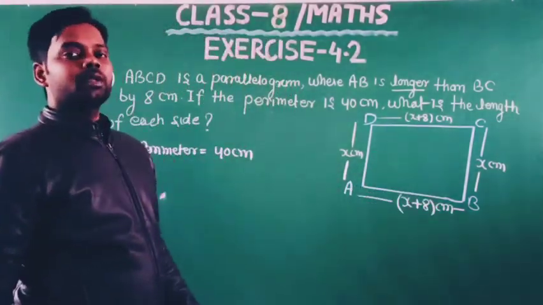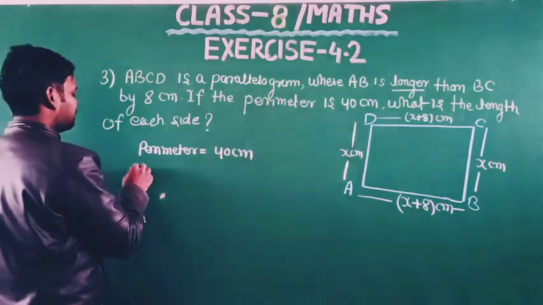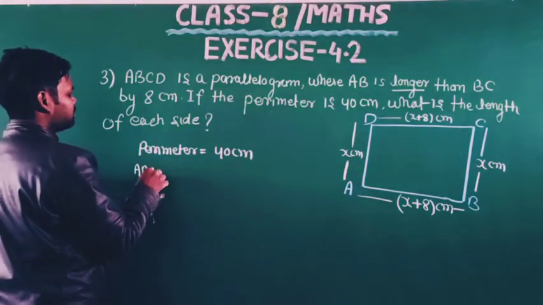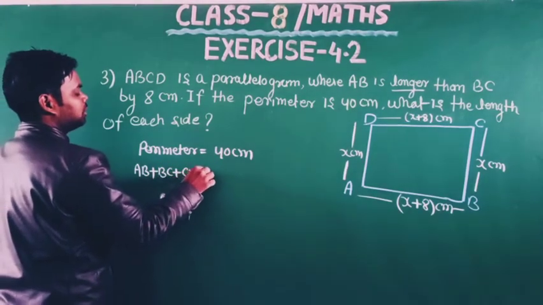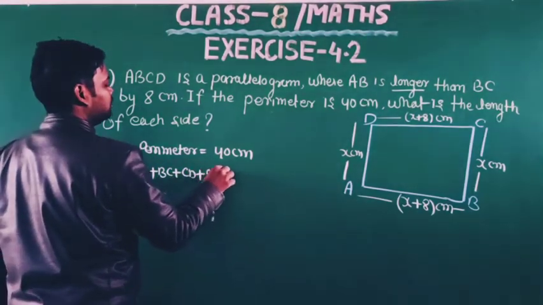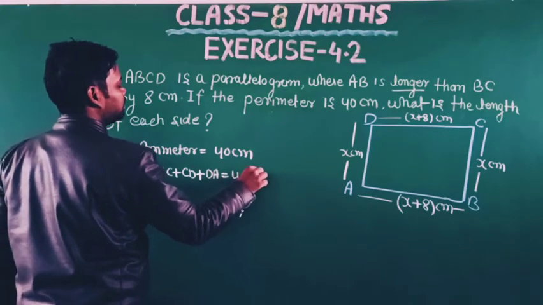We know all the boundary of the parallelogram is the perimeter. So the sum of the sides AB plus BC plus CD plus DA equal to 40 centimeter.